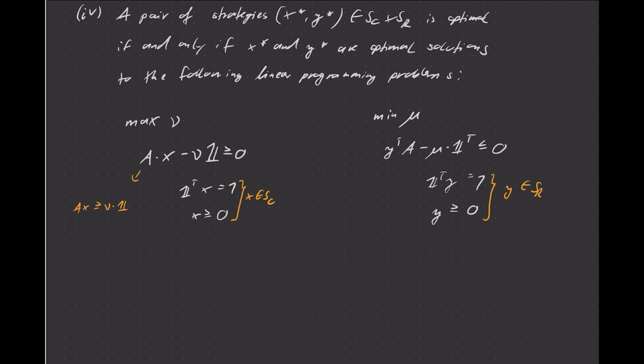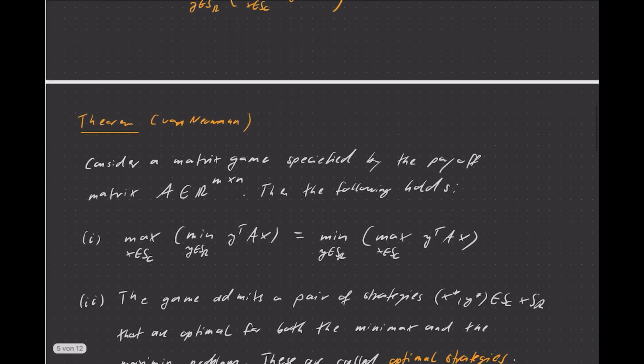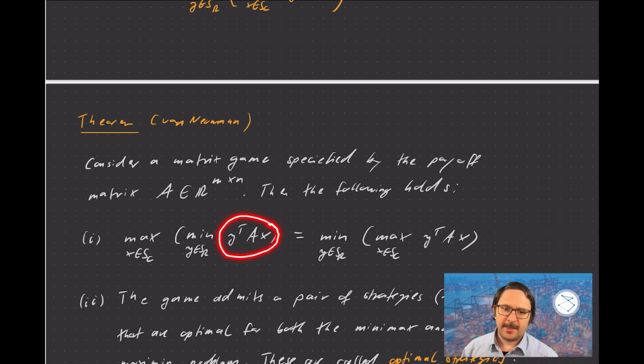Remember, this Ax is part of the payoff that we get. The payoff is this expression here, y transposed Ax. So if each row of Ax is greater or equal to nu, then what does this do? y transposed times this vector Ax is a linear combination of the rows of Ax. Remember, Ax is just a column vector.